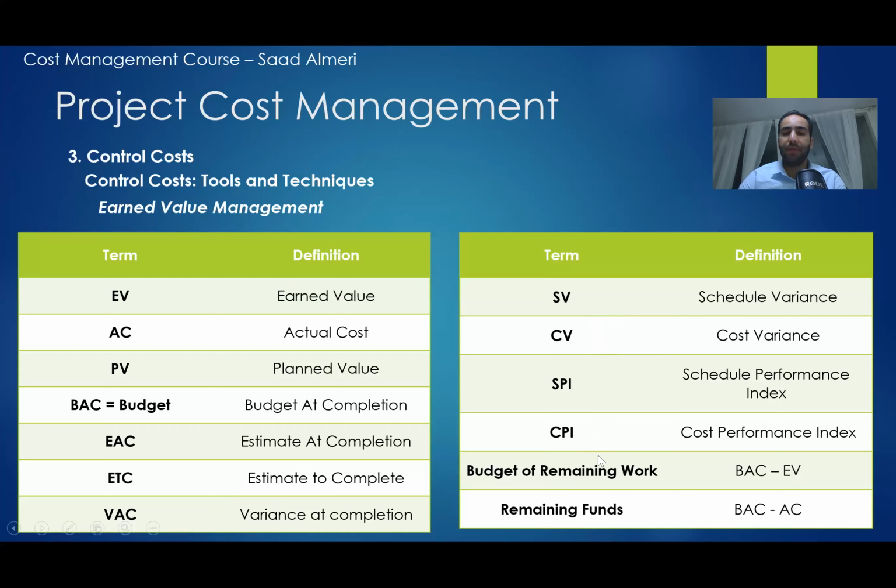And there is the budget of remaining work, which is BAC minus EV, and the remaining funds, which is BAC minus AC. We will explain more about them in the next slides, but this is one slide to have all the abbreviations that we are going to use.